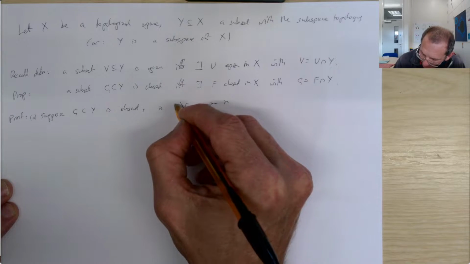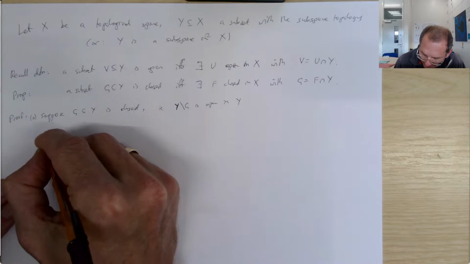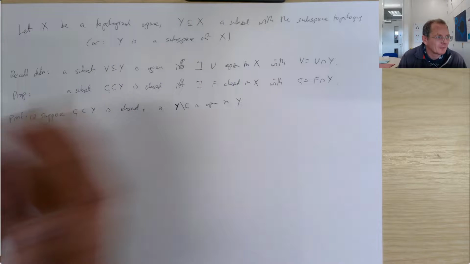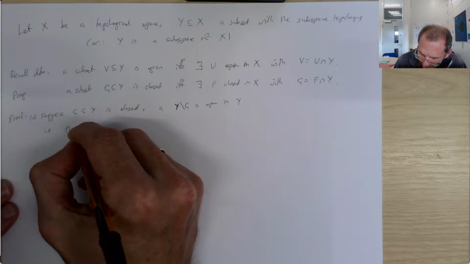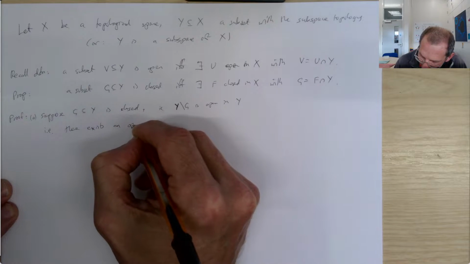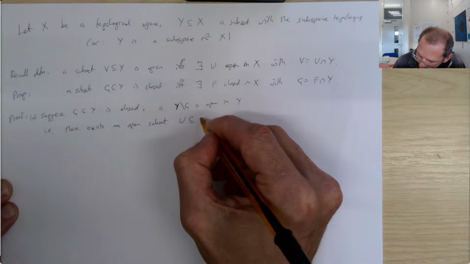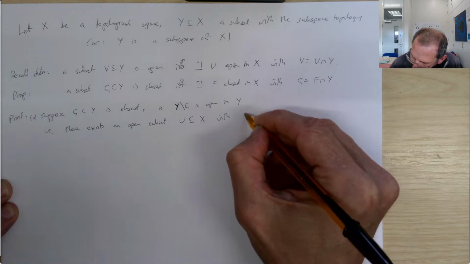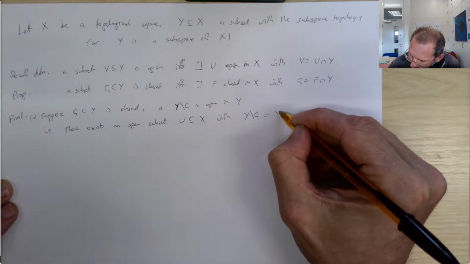So that means that Y with G removed is open in Y. And when I say open in Y, of course I mean open with respect to the subspace topology. So that means there exists an open subset U of X with Y less G equal to Y intersect U.